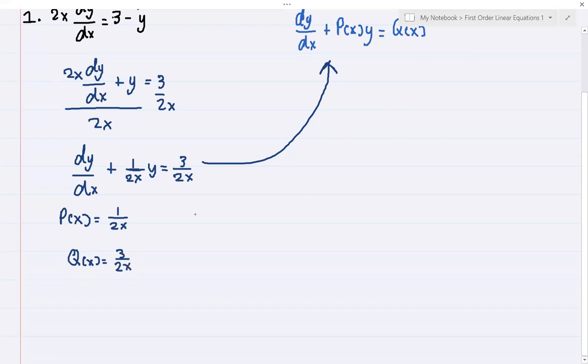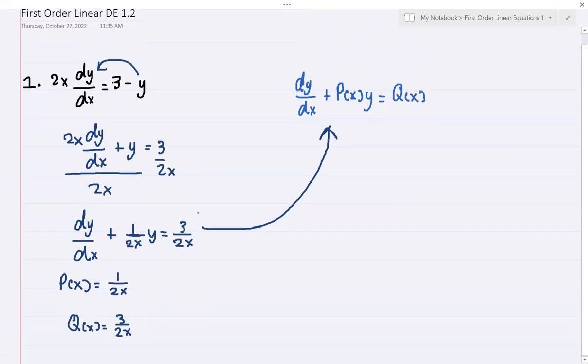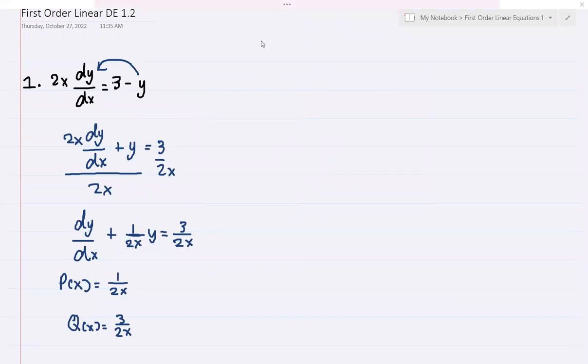Now, after that, what are we going to do? Since we already figured out which one is your p of x and q of x, now let's use this formula. First thing is you need to know its integrating factor.